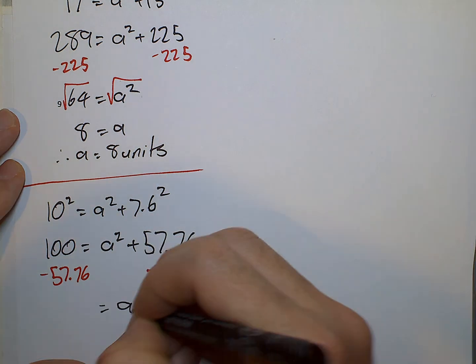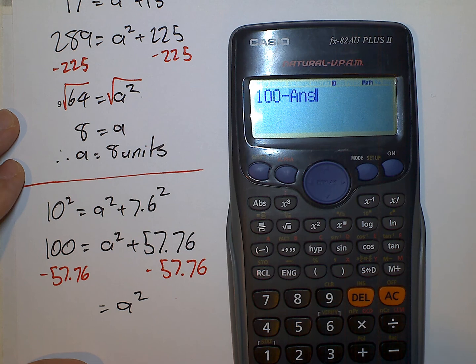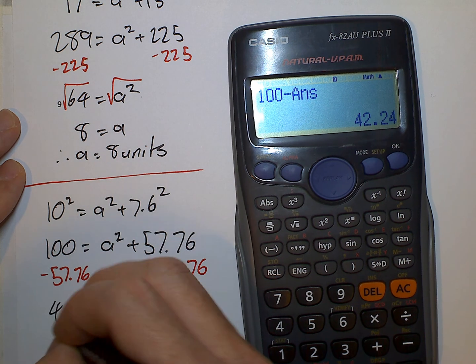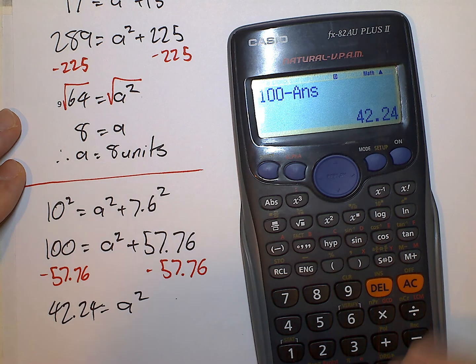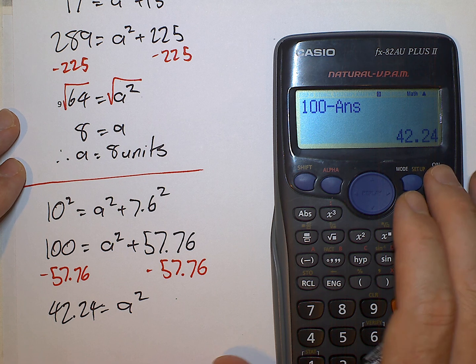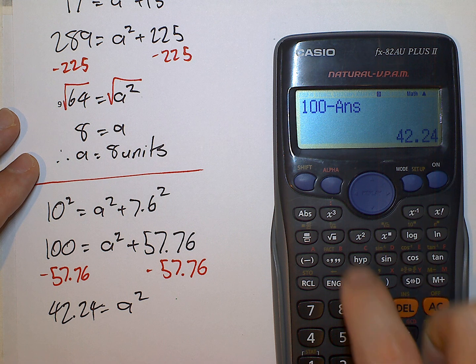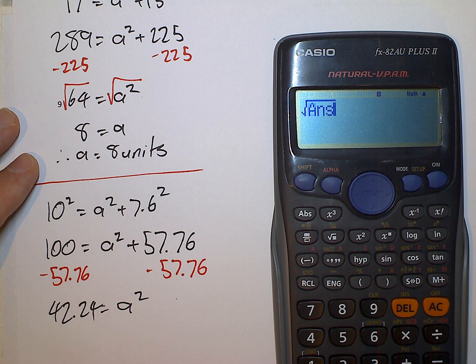That gives us a squared on this side. Go 100 minus our answer, gives us 42.24. Okay, I do not know what this is going to give us, but it says to round to 2 decimal places. Let's figure that out. Let's square root both sides, put in our answer.